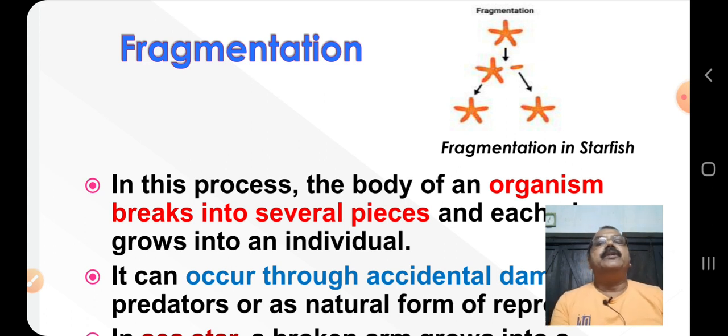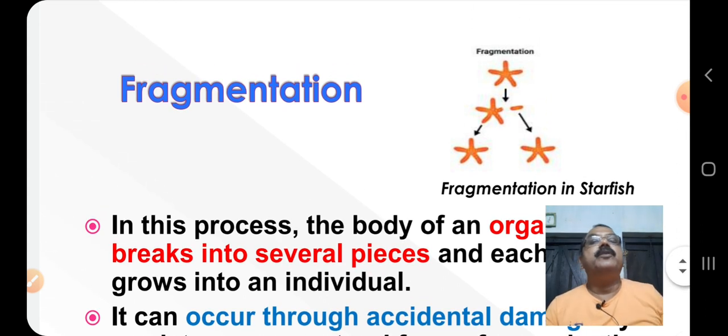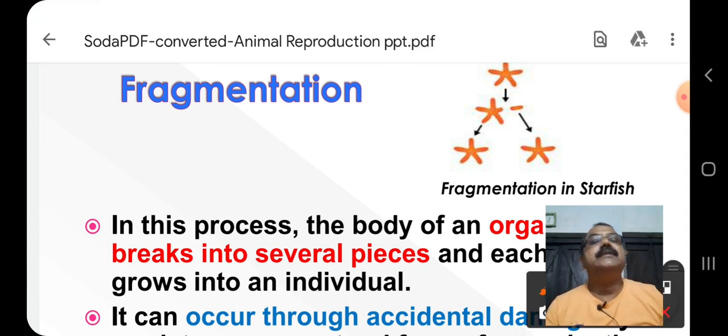The next type of reproduction is fragmentation. Fragmentation means forming pieces. In this case, the parent body is fragmented or made into pieces, and each piece grows into an individual.